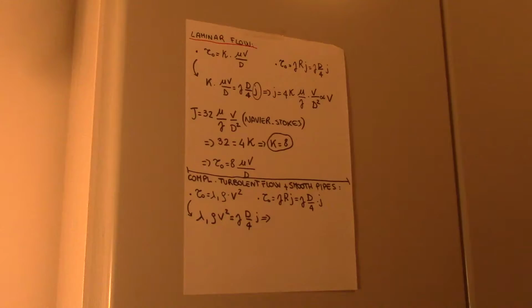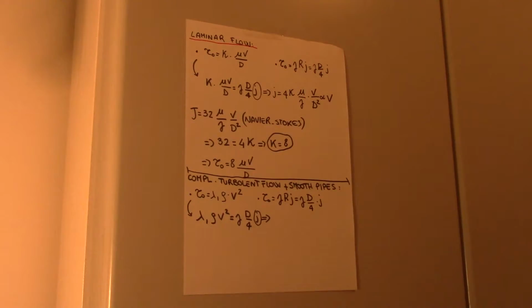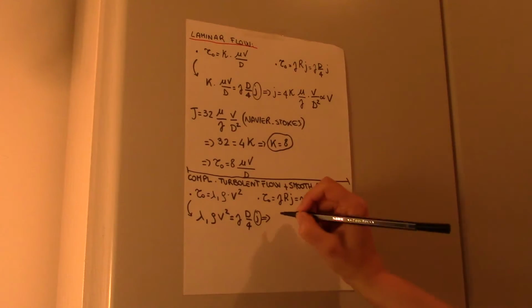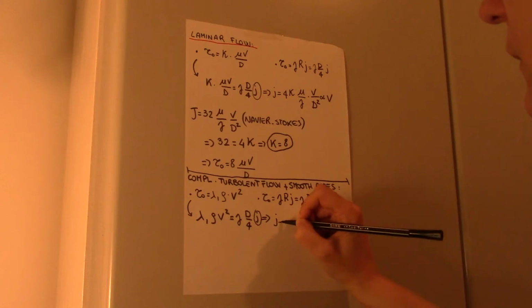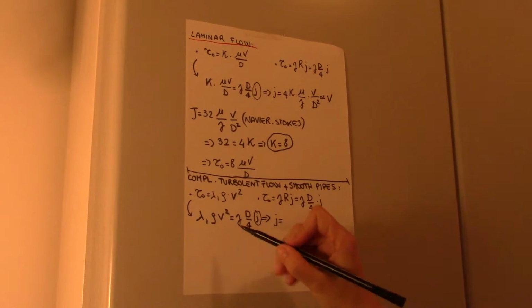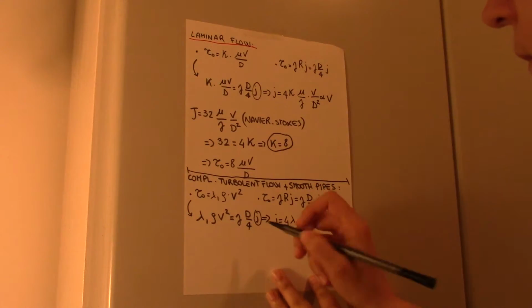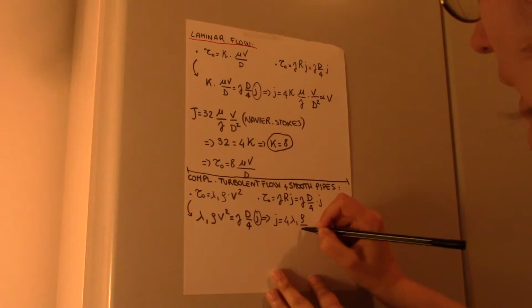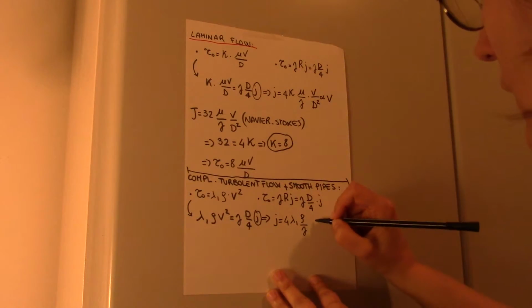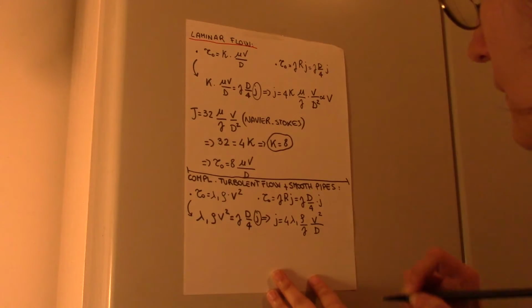From this equation we find again j, so j will be equal to 4 lambda 1, again rho over gamma, v to the power of 2 over d.